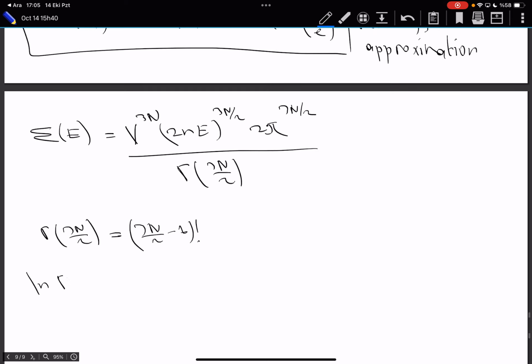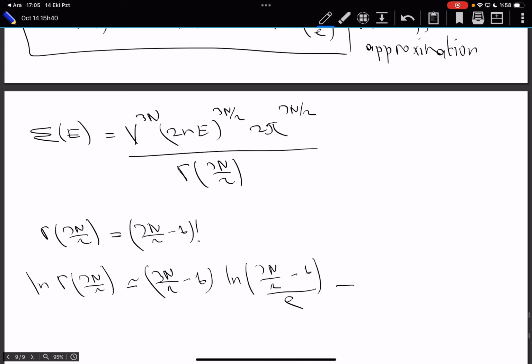The logarithm of gamma of 3n over 2 will be approximately 3n over 2 minus 1 times logarithm of 3n over 2 minus 1 over e, which will be approximately 3n over 2 logarithm of 3n over 2e. This is what I will use.